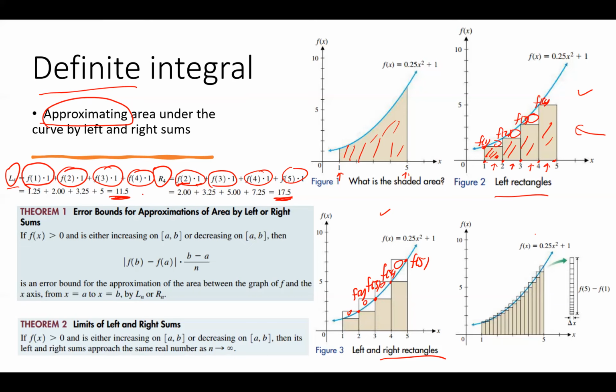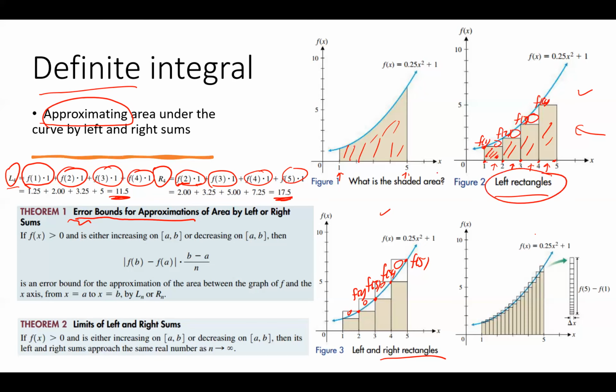There's a theorem called area bounds for the approximation. How good is the approximation? We talk about error, taking the absolute error on the approximation.